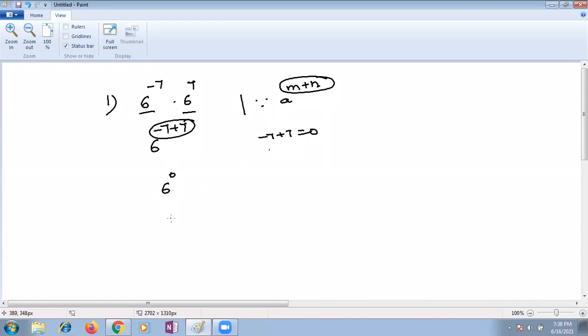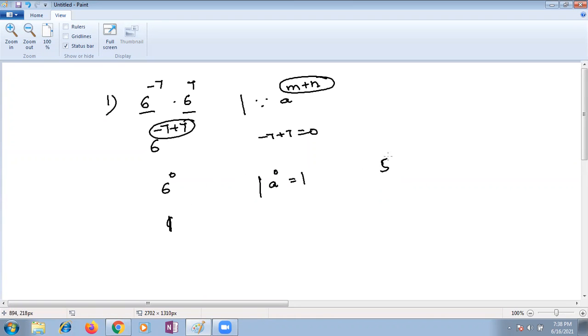Sorry, ma'am. I have a doubt in what you said before. Negative and positive become 0. Yes, you removed the negative. Ma'am, it will become 0, but we should take 1. Yes, any number raised to the power 0 is 1. How do you get any number raised to power 0?